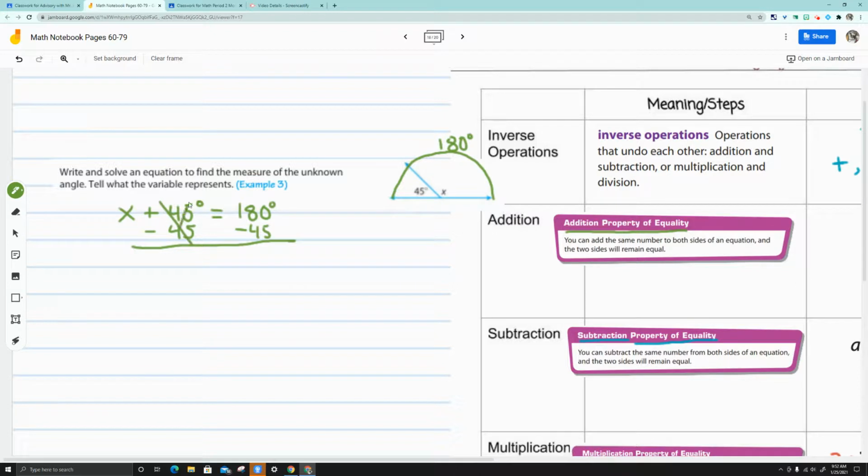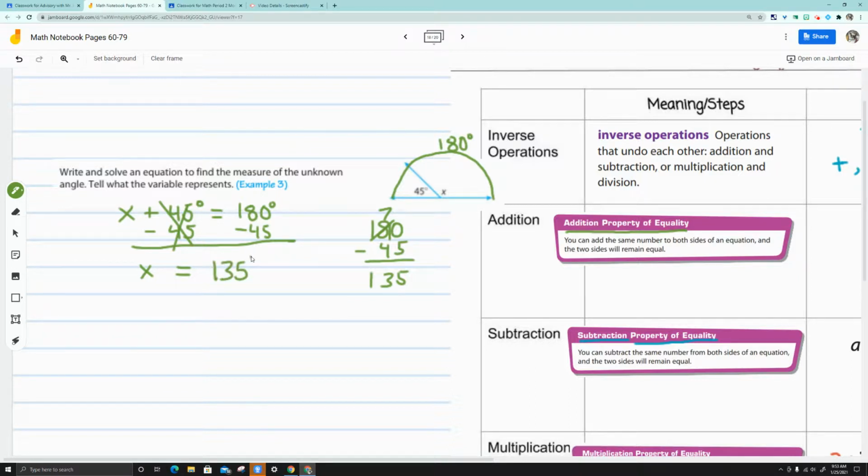These get eliminated because 45 minus 45, of course, is 0. I'm left with x all by itself. And then 180 minus 45 is what I have to work out. I'm going to line up the place value. No decimals in this case. 0 minus 5, I can't do that. Going to borrow from the 8, make that a 7. 10 minus 5 is 5. 7 minus 4 is 3. 1 minus 0 is 1.